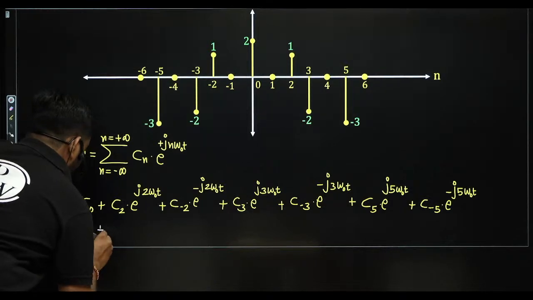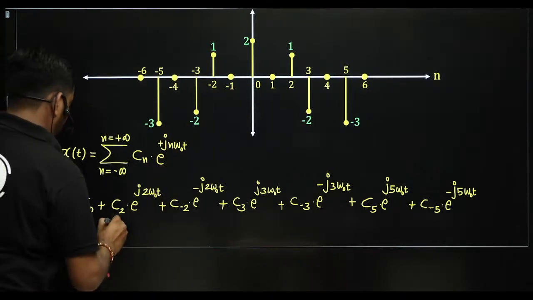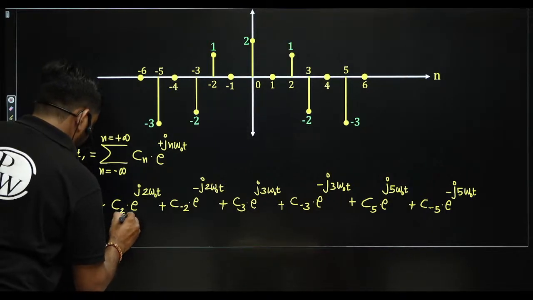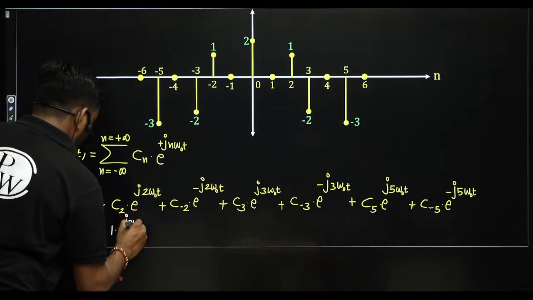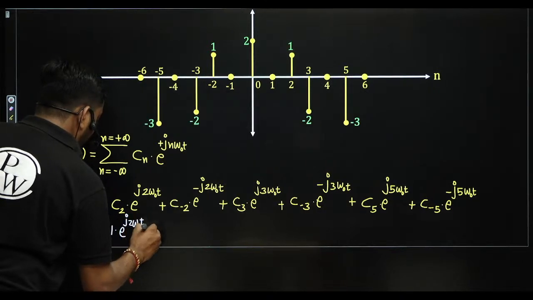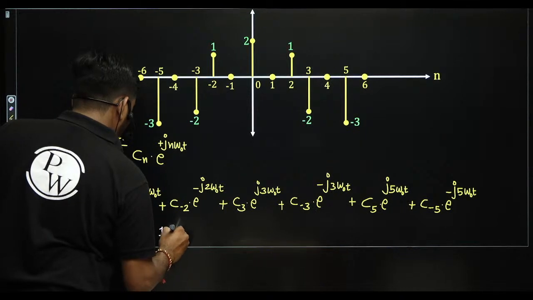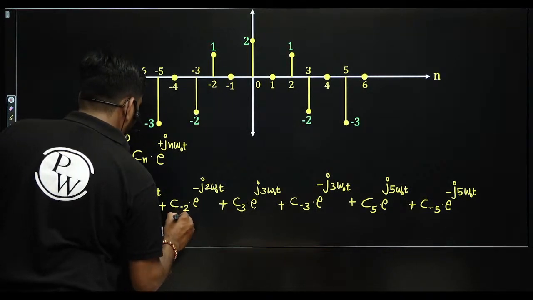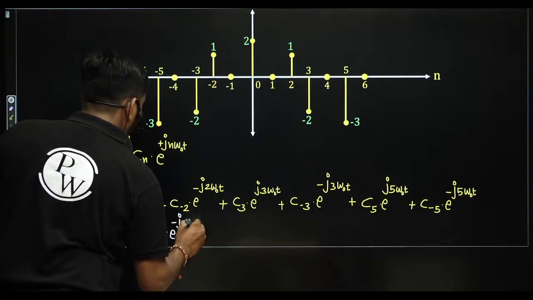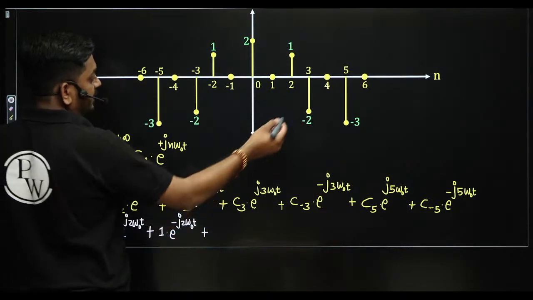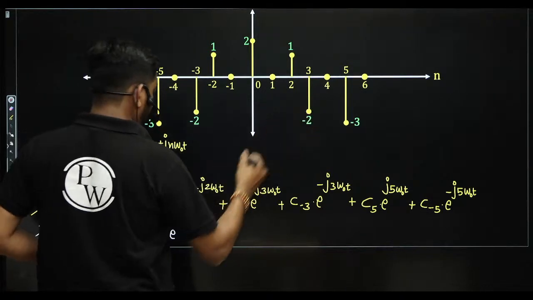So 2 plus c2; c2 is nothing but 1, so 1 into e to the power j 2 omega 0 t. What is the value of c minus 2? c minus 2 is also 1. So 1 into e to the power minus j 2 omega 0 t, correct? Plus here n equal to 3, c3. The value of c3 is nothing but minus 2.